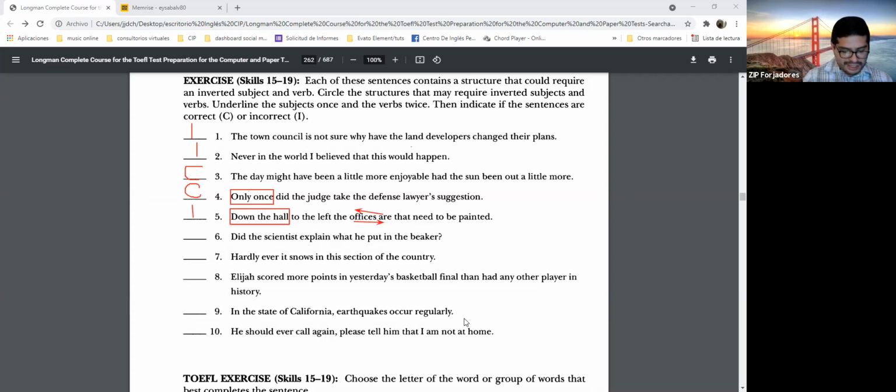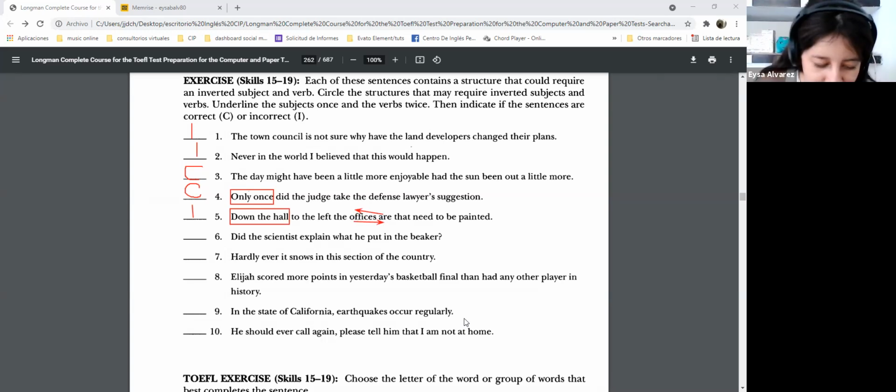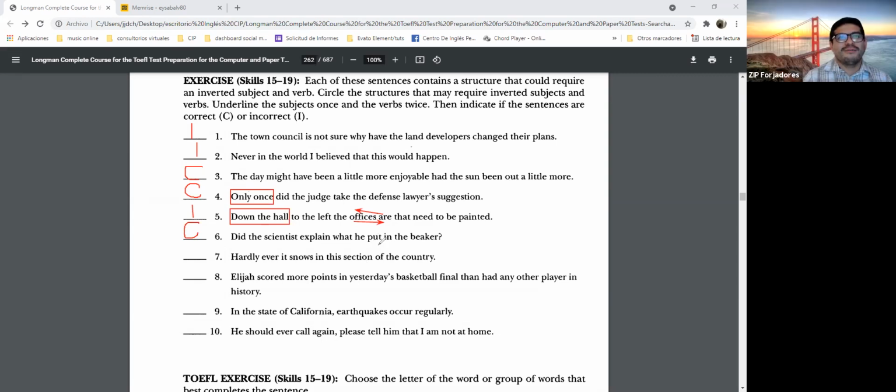Let's go to number 6. Okay, the number 6, I have that it's correct. It's a question. We have the auxiliary did, the subject the scientist, the verb explain, what is a connector, he is the subject, and puts is the verb. All right. But why don't we have an S?